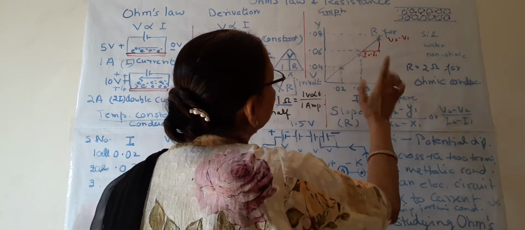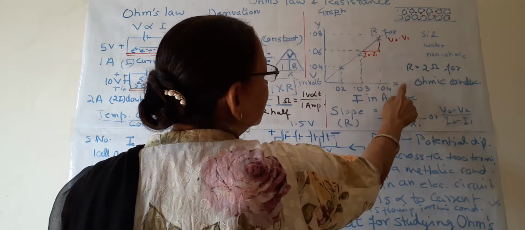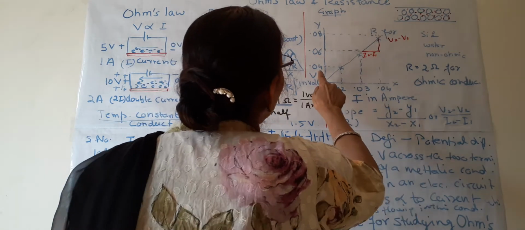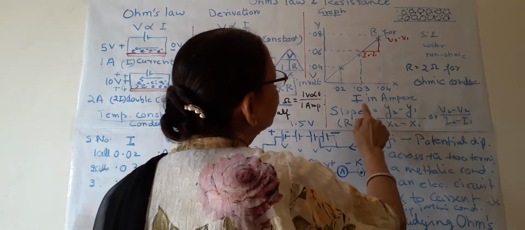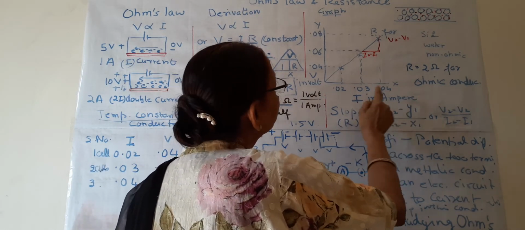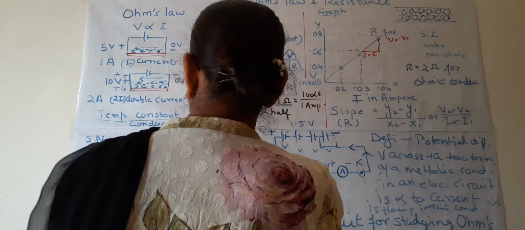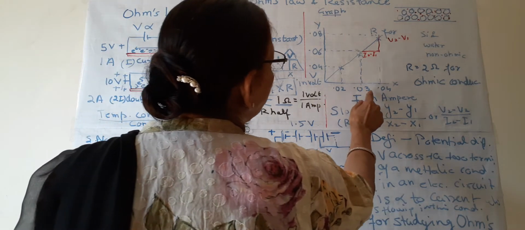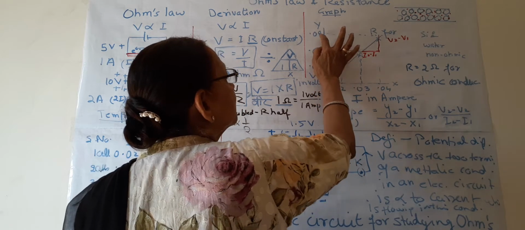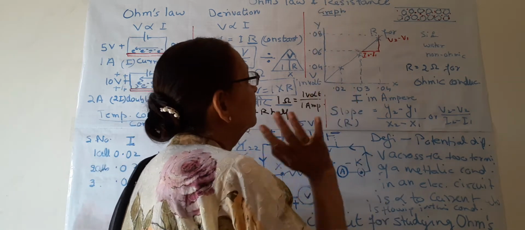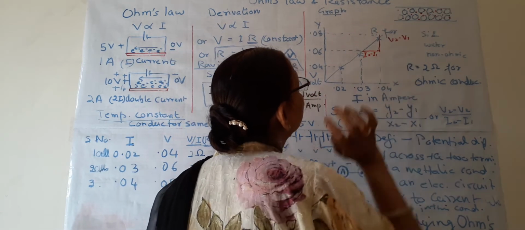Suppose this is the graph, this is the y-axis, x-axis, all of you know. On y we have taken V in volt, on x we have taken I in ampere. The same readings I have written on this side and this side, and a graph is drawn.